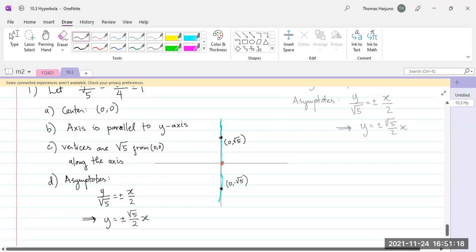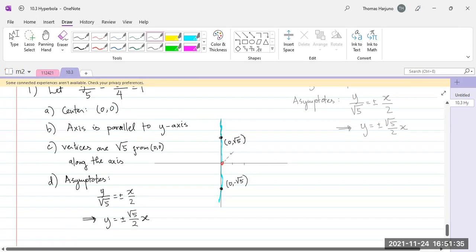The first one is radical 5 over 2 x: radical 5 up, 2 units to the right.